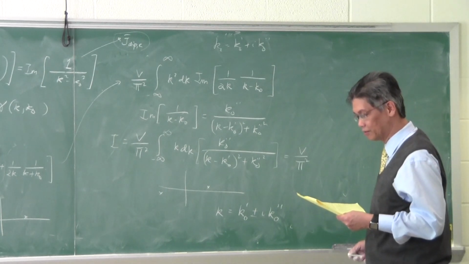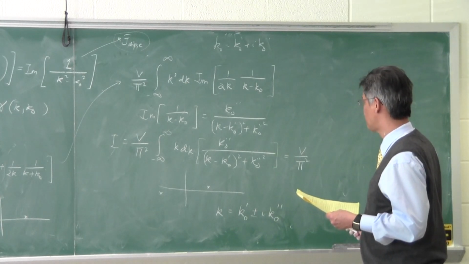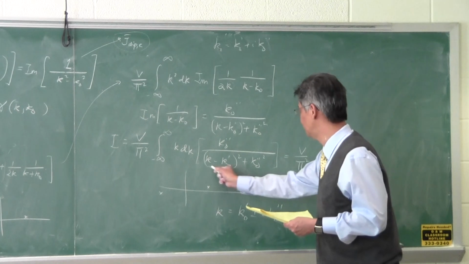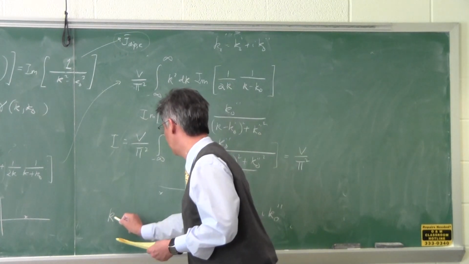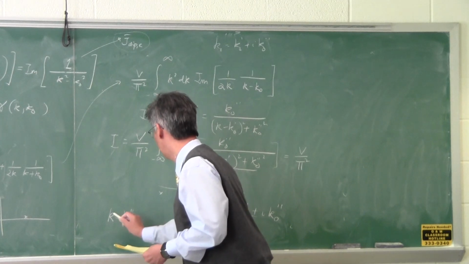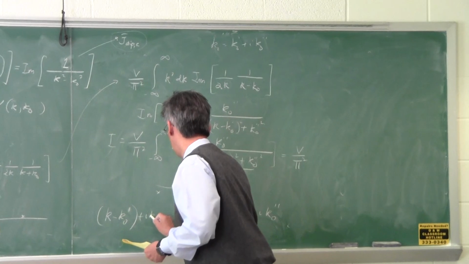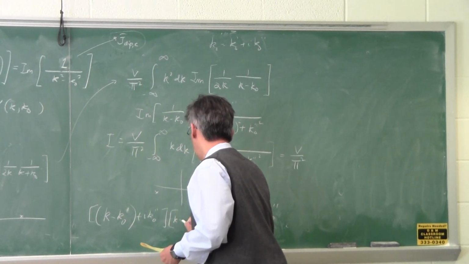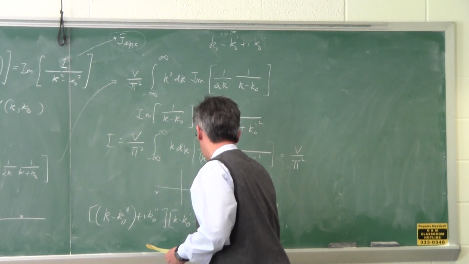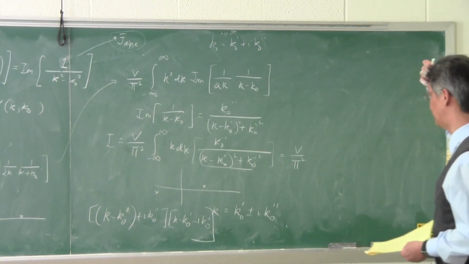Okay, let me see if I did this correctly. What you do in taking the residue is that you factorize the denominator. So the denominator is factorized as this, plus i k0 double prime times k minus k0 prime minus i k0 double prime.